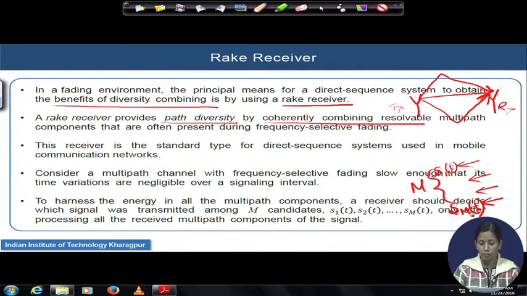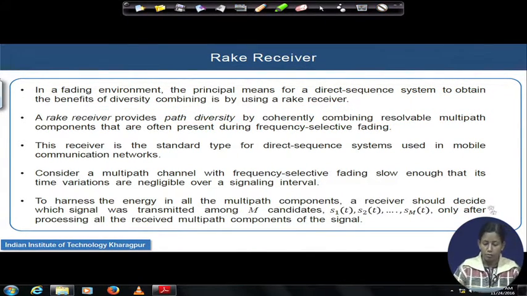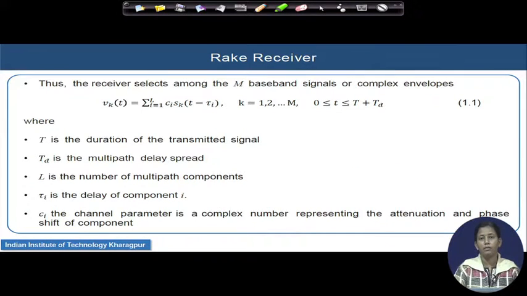The task of the receiver is to find out which of these signals has been transmitted, and also resolve the corresponding multipath components corresponding to this transmission. That is the task that we are going to discuss. For that we have chosen a frequency selective slow fading environment, and hence the estimated channel coefficients and channel phases are not expected to change very frequently over time relative to the signal duration.